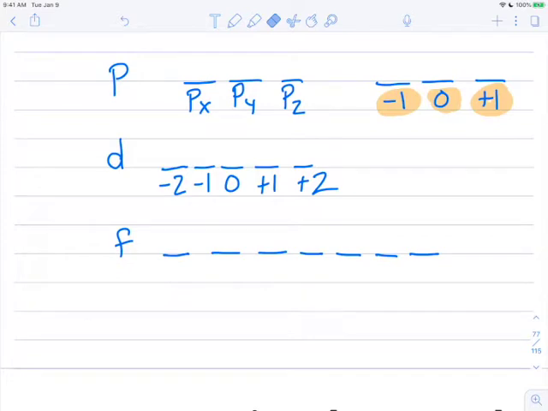So F's will go from -3 to +3: -3, -2, -1, 0, +1, +2, and +3. So again, this is a way for us to tell the world, hey, this is the F orbital that my electron is in. So any questions on the P, the D, or the F?